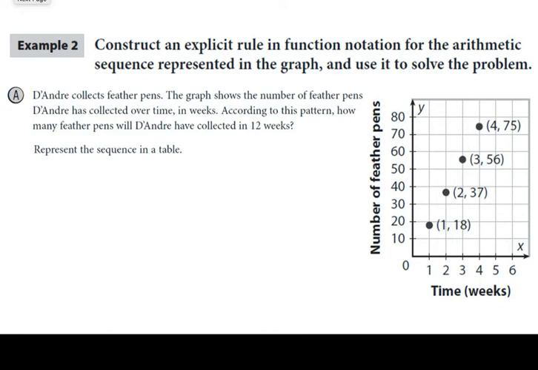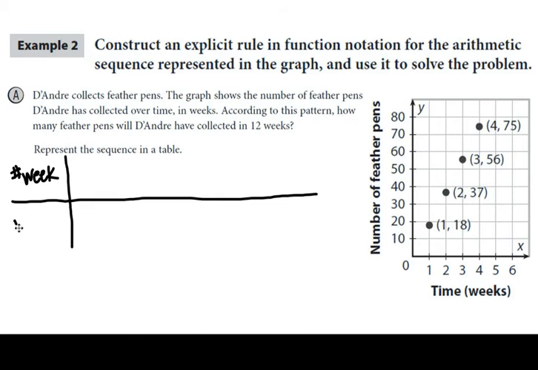So I want to represent this in a table. I'm going to have the number of the week and the number of pens. So the week number is 1, 2, 3, and 4.